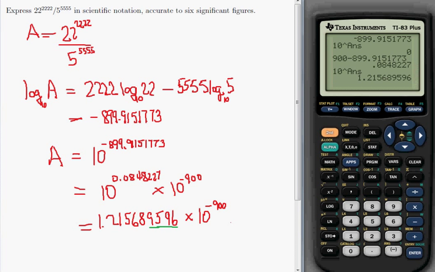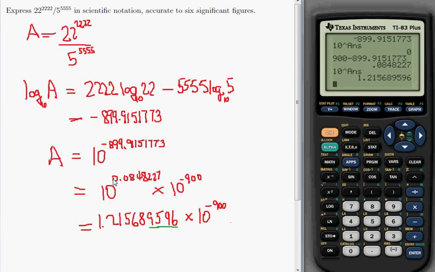In closing, I wanted to point out that the step that we did here of going from negative 899 to negative 900 is something that we only did because we had negative numbers. If the number here had been positive 899, then I would have wanted positive 899 here, and then the decimal part would have simply fallen on the next line.